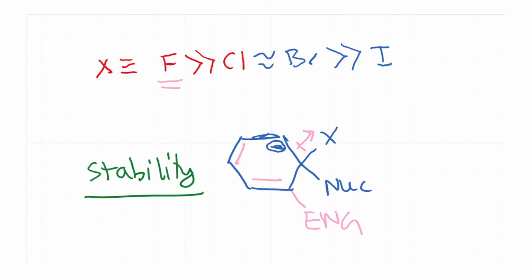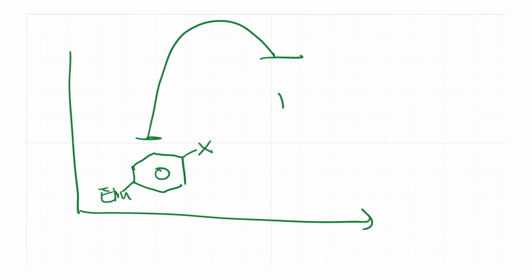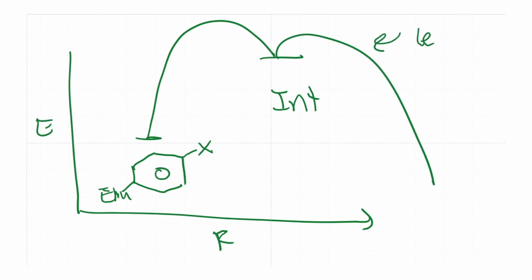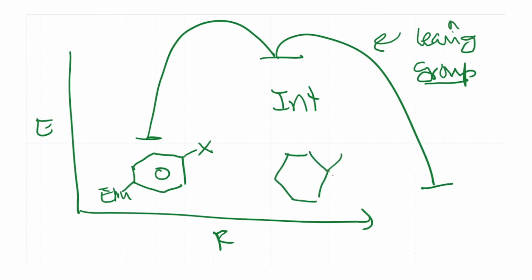Therefore, this reinforces the concept that the first step is the rate determining step. Our energy profile, if you remember, was telling us that the first step wherein the intermediate was formed was the rate determining step, and not the second step wherein the leaving group would have an effect. So it's really important that we understand this.